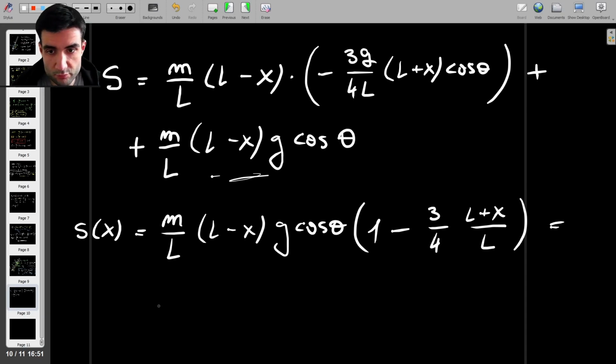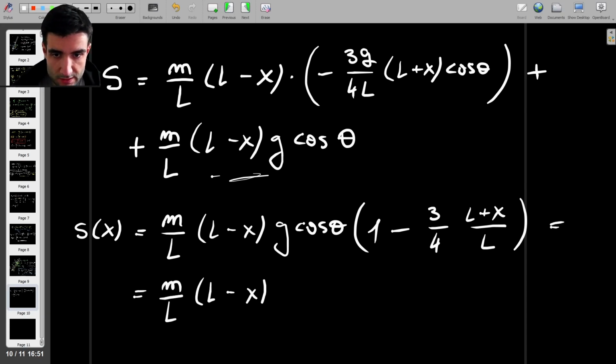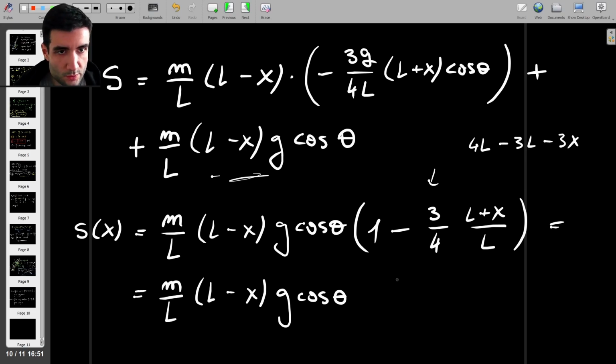So we can bring things to the same denominator. So we have M over L, L minus X, g cosine theta. So this turns into 4L minus 3L minus 3X, which is L minus 3X over 4L.